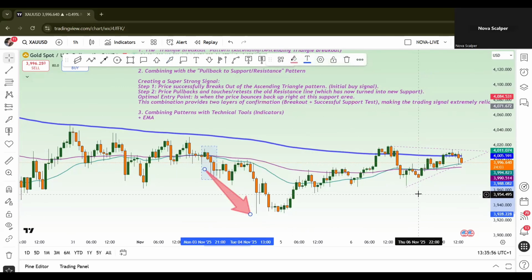So whenever you see a crossover of two EMAs, no matter what time frame, you will focus on the current candlestick pattern that's forming and which direction it's choosing. If this candlestick is a bullish Marubozu or a bullish candlestick, it is the signal that the buyers are dominating the market.